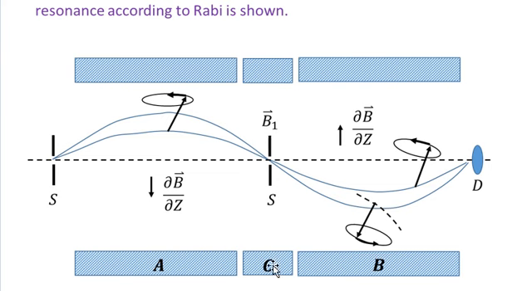When the magnetic field due to magnet C is increased in strength, the separation between the hyperfine levels will increase. If you increase the value of the constant homogeneous magnetic field C, then the separation between the hyperfine levels will increase.